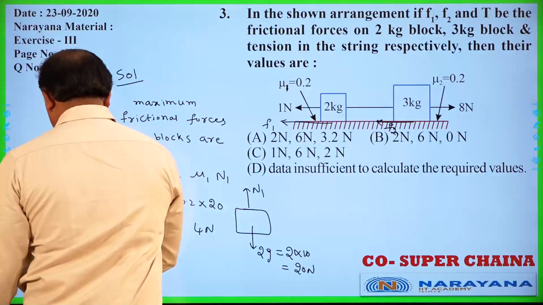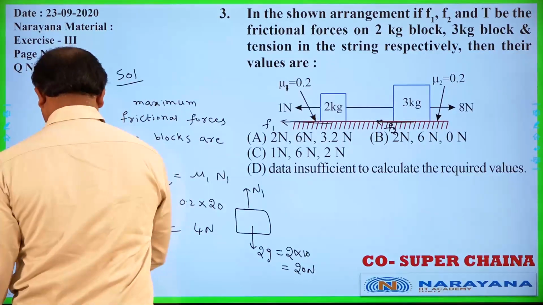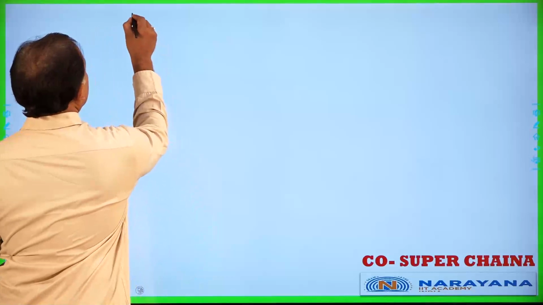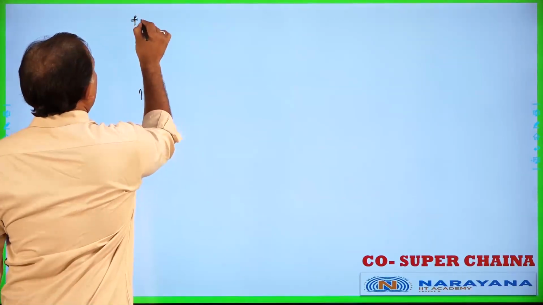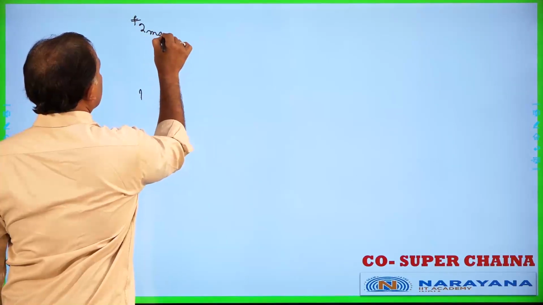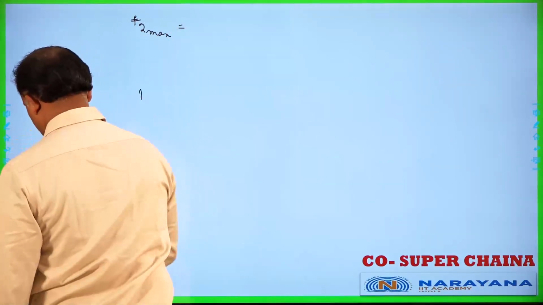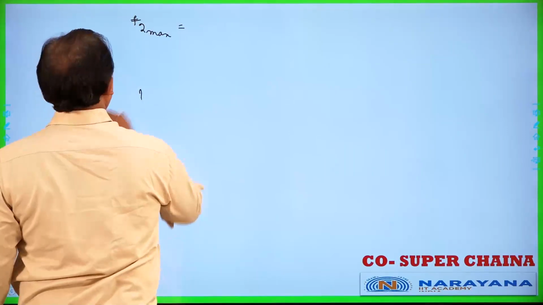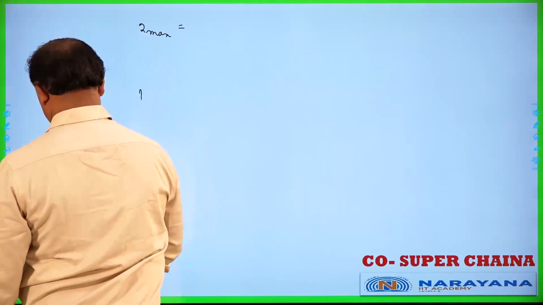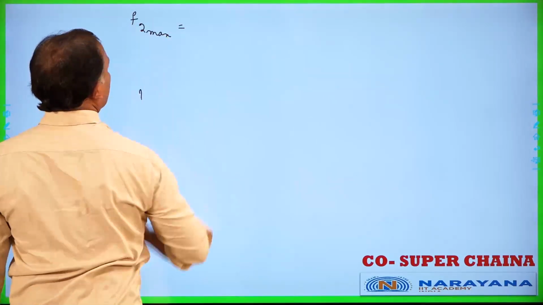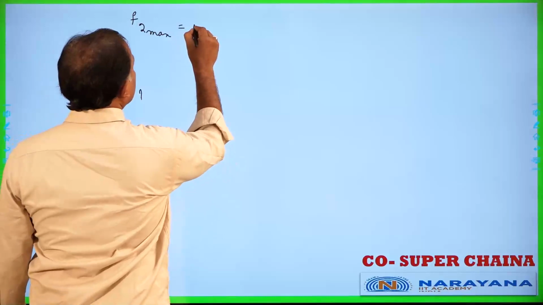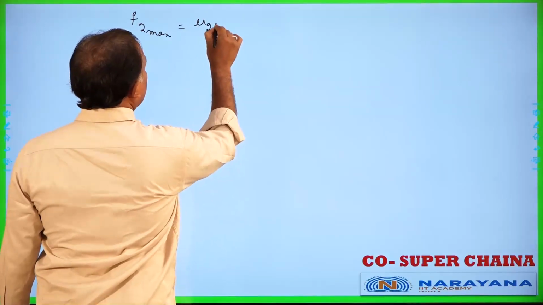Now I can go for the possible F2 maximum. F2 maximum is equal to mu2 into N2.